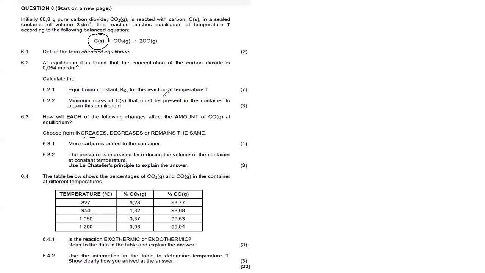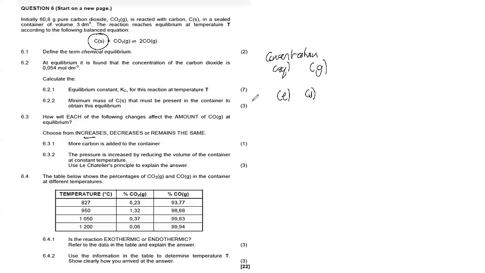When you increase the amount of a solid, nothing really happens, because remember, concentration is only focused on substances that are either in aqueous state or in gaseous state. So if it's a liquid or a solid, then there is no effect on the concentration.